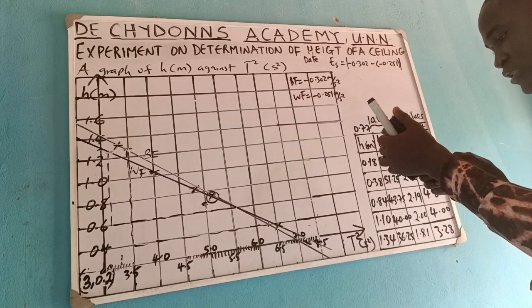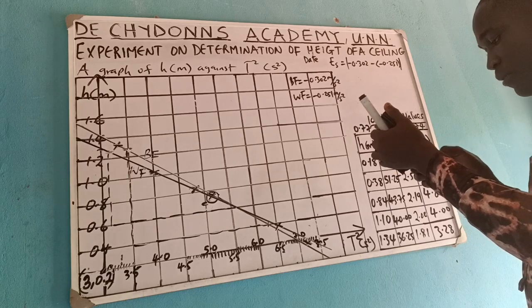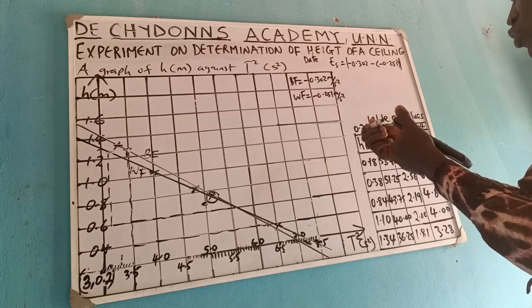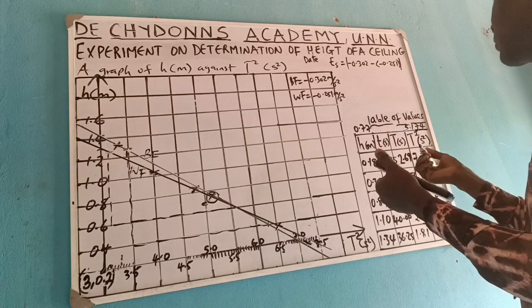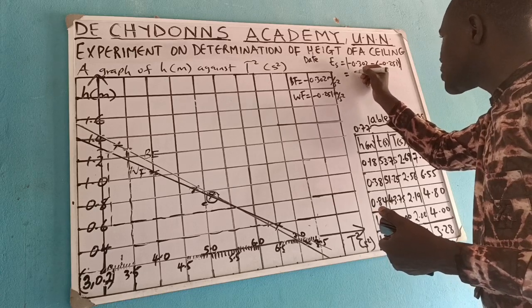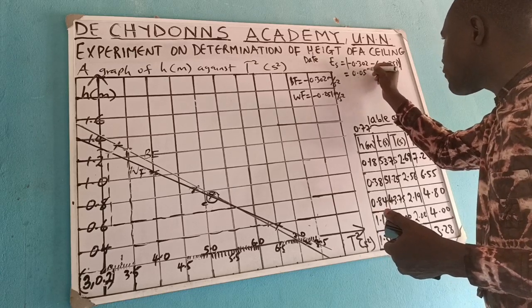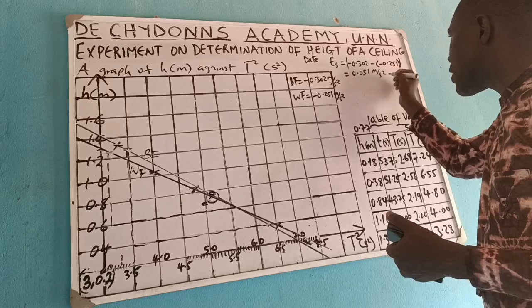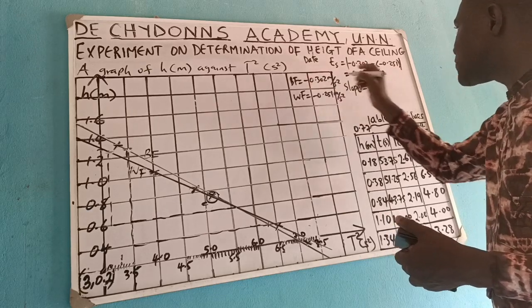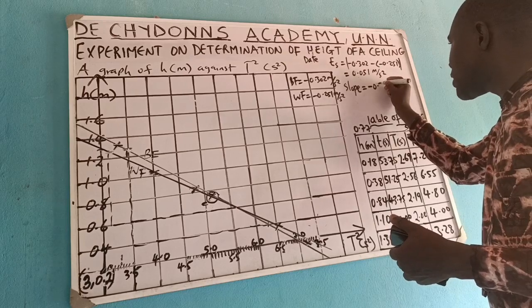Minus 0.302 plus 0.251. Okay, we have it to be minus 0.051. So I will remove that minus and put 0.051 meter per second square. Therefore, my slope finally should be, what is the best fit own? Minus 0.302.